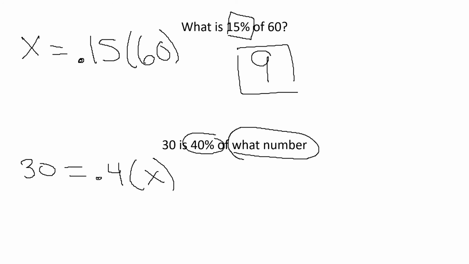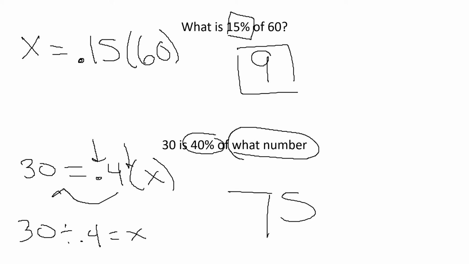Because I have a decimal here, my answer will probably be in a decimal form. So to get x by itself, I move this 0.4 over. When I move that over, I have to divide by 0.4 because I'm multiplying it here. So 30 divided by 0.4 is 75. All right, set up your equation and then solve it, and it's as simple as that.